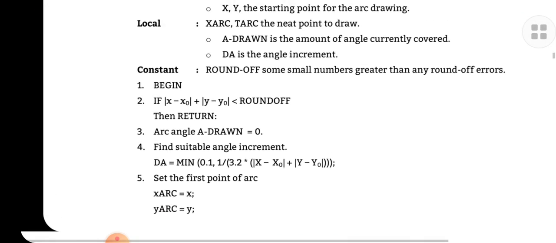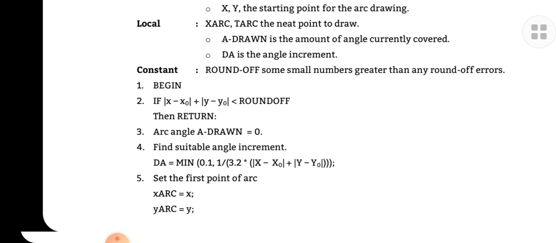So the steps of the algorithm begin from the start. If the absolute value of (x minus x0) plus (y minus y0) is less than round-off, then return. Then the arc angle A minus drawn is equal to 0, and A drawn is equal to 0. Then find a suitable angle increment: dA is equal to the minimum of 0.1 and 1 divided by 3.2 times (x minus x0) plus (y minus y0).